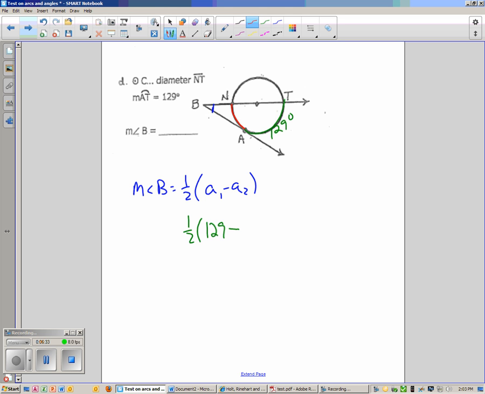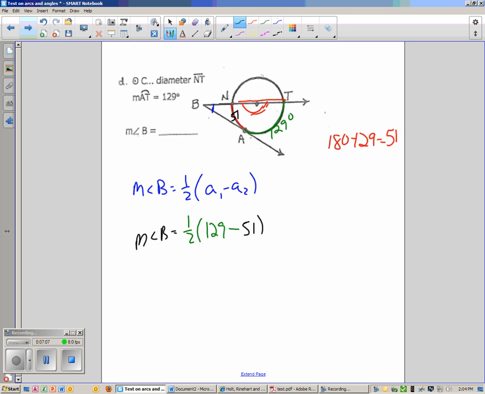Well, since I know this is a diameter, from here to here, I know that this total distance from here all the way over here has to be 180. Okay, so I'm going to take 180 minus 129, and that's going to be equal to 51. So what that tells me is that this arc right here is 51, which is the missing piece that I had right here to get the measure of angle B.